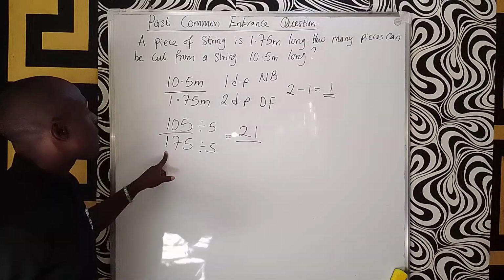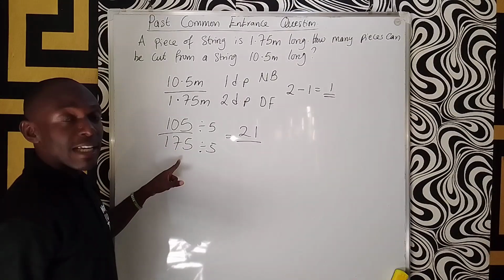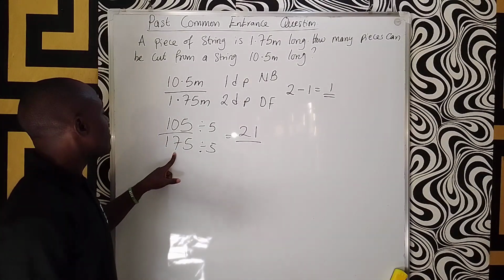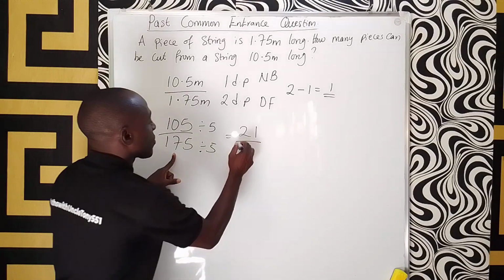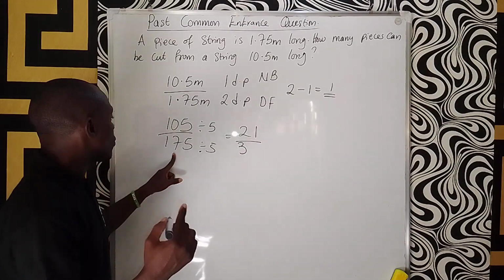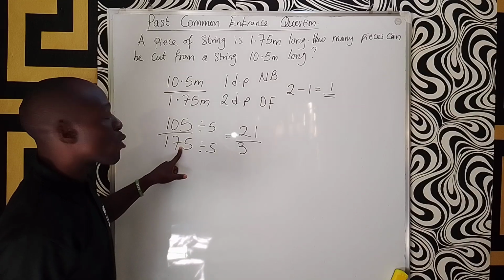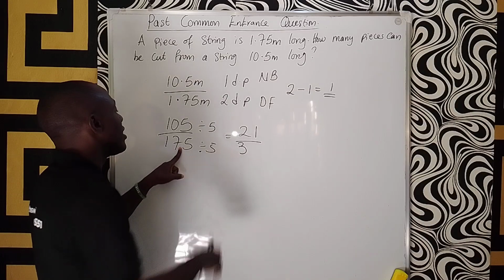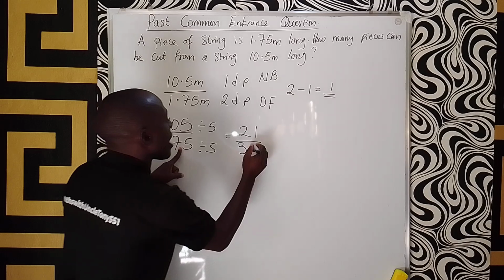All over, 17. 1 divided by 5 cannot, we move to the next number. 17 divided by 5 will go 3 times, because 5 times 3 is 15. We're left with 2. So place the 2 behind 5, becomes 25. 25 divided by 5 is 5.